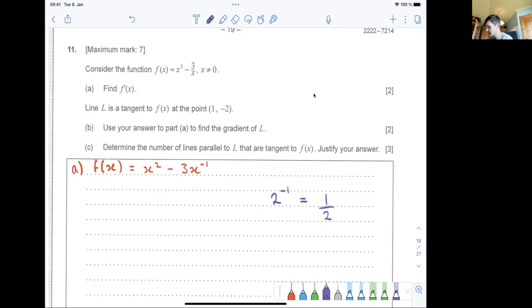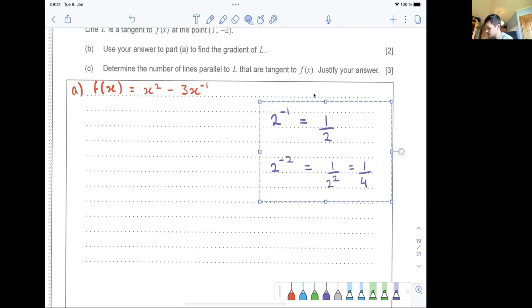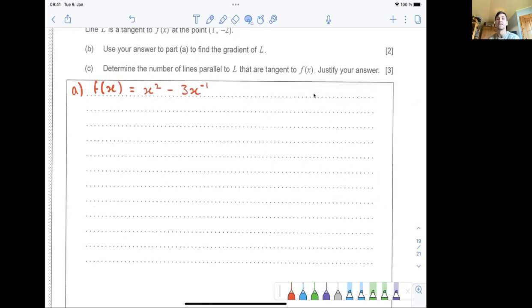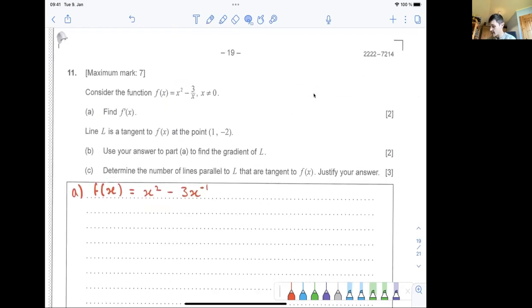Equally, if we had 2 to the power of -2, that's equal to 1/2 squared, which is equal to 1/4. So whenever you raise a number to a negative power, it's essentially moving it to the denominator. So I've done the reverse here. I've taken the x from the denominator, lobbed it up to the top line, and I've just represented it as to the power of -1.